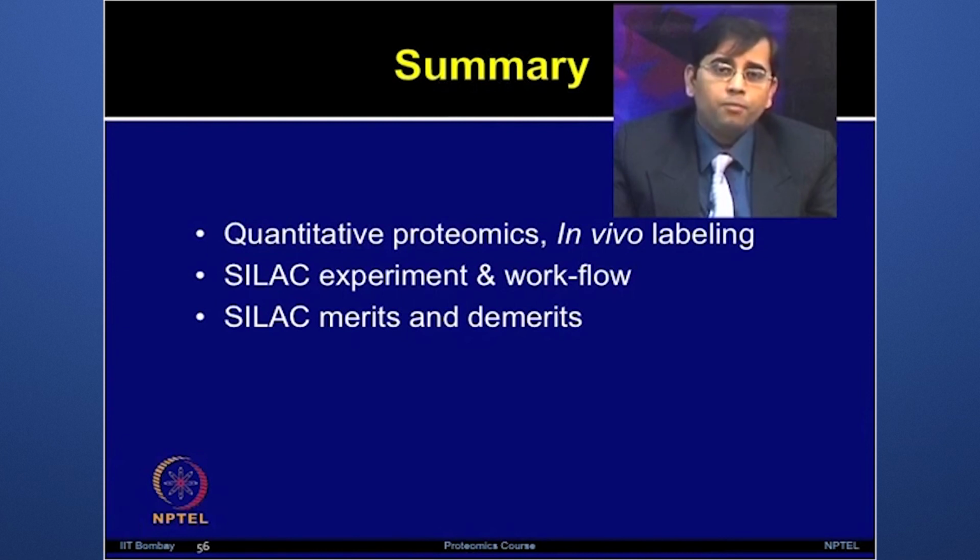The peptides from the heavy and light forms are mixed in a 1:1 ratio, and proteins are extracted, purified and digested. The peptides are analyzed by the LC-MS method. The signal intensity of labeled and unlabeled peptides provides the quantitative information.